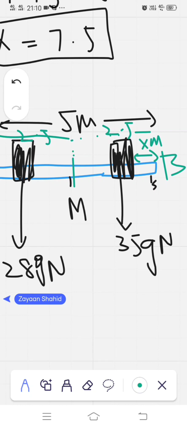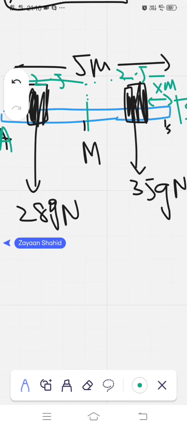So one moves in the downward direction and one moves in the upward direction. Now take the clockwise and anti-clockwise moments. Both weights are in downward direction, but due to the heavy weight of the 35 G, Jack moves in the downward direction and Jill moves in the upward direction.